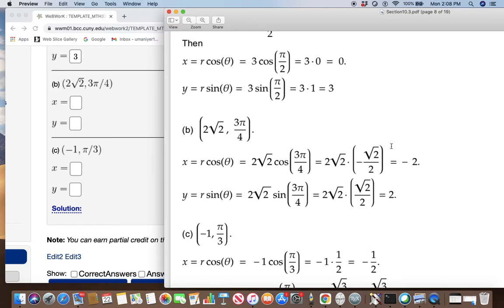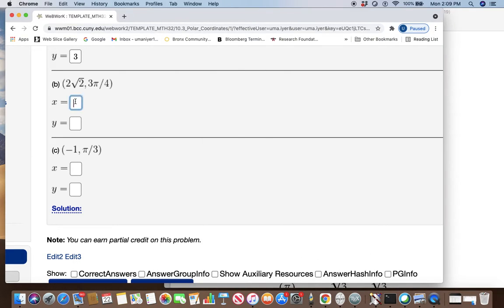Root 2 times root 2 is a 2. x coordinate is negative 2. y coordinate is r sine theta, 2 root 2 sine 3 pi by 4. Sine 3 pi by 4 is positive root 2 over 2. So the same situation, instead of a negative, we have positive. Negative 2, 2.